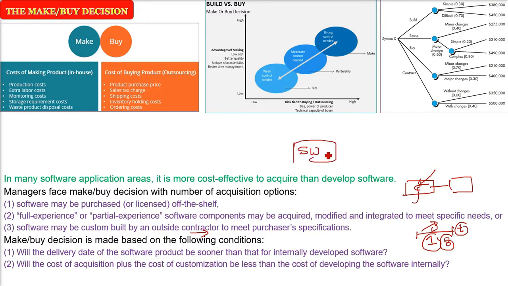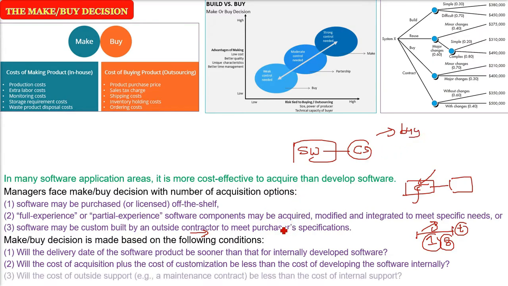Is making your software more costly, or is buying it more costly? This is the buy and make decision we have to make. And will the cost of outside support, for example a maintenance contract, be less than the cost of internal support? Once you deliver the software, there is a huge amount of maintenance work also. That is also costing.